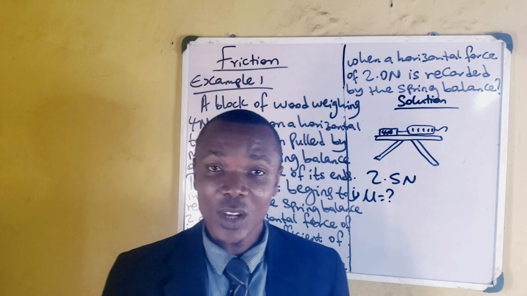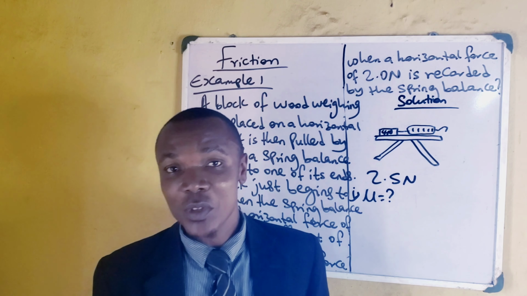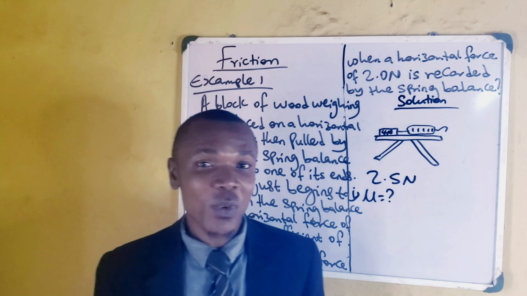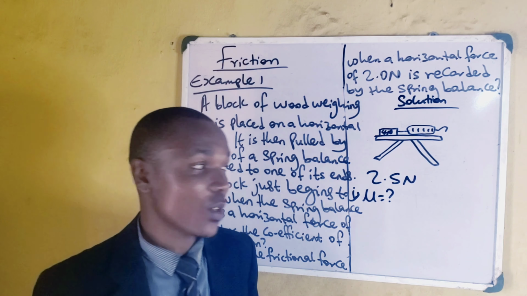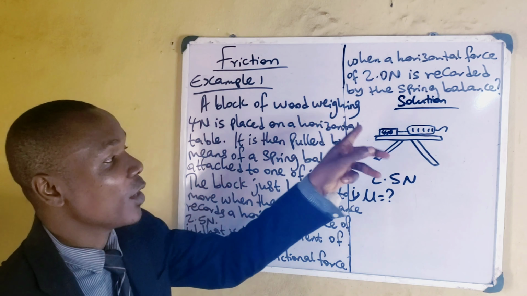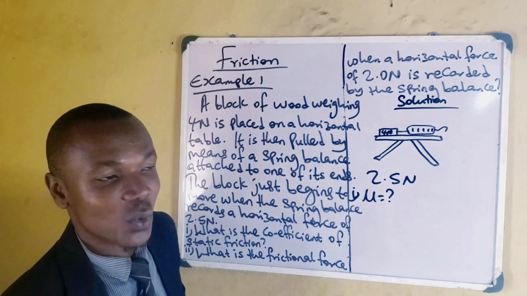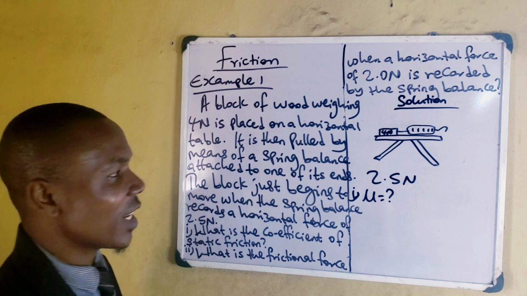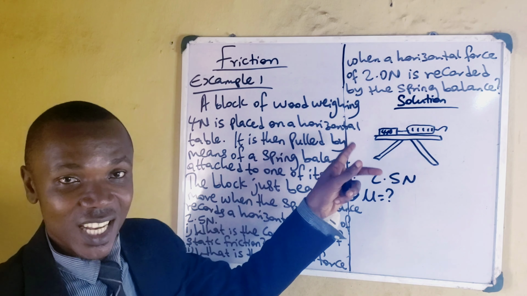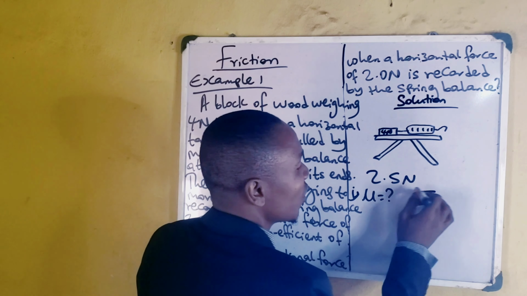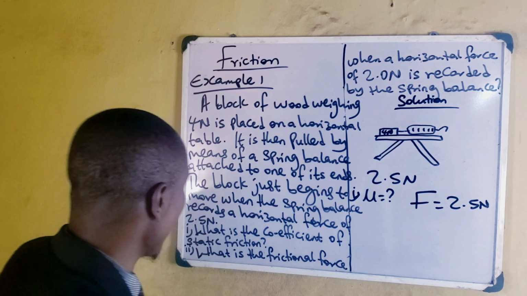So if it will record 5 newtons before it will just about start moving, that means that the static friction is what? 5. If it records 12, that means that the static friction is 12, and so on and so forth. That is the force that has to be overcome before this object will start moving. So because this object is at rest, the friction, which is static friction this time around, will be 2.5 newtons. Can you see that? All right.